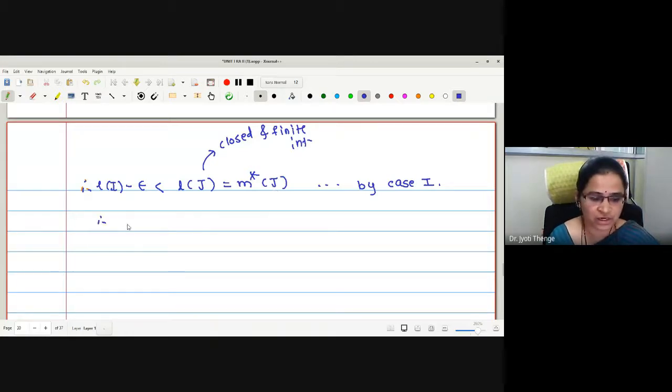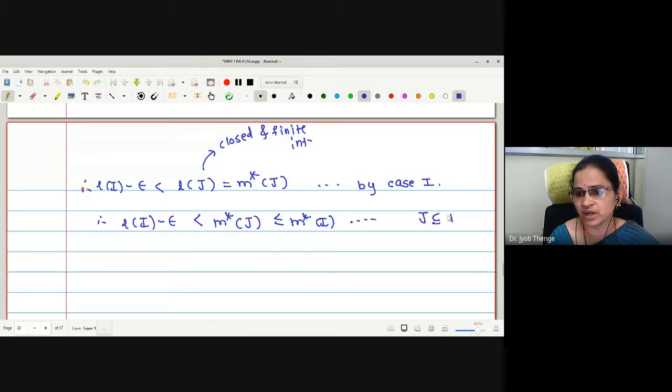Therefore, here I can write L of I minus epsilon is strictly less than M star of J, which is less than or equal to M star of I. Why? Because J is contained in I, and the monotonicity property says M star of J is less than or equal to M star of I. Or you can write M star is monotone.